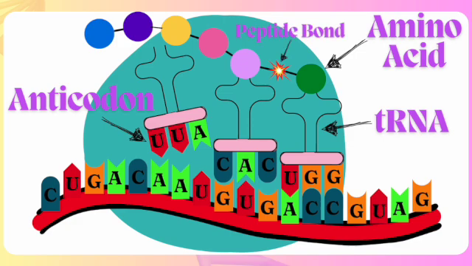When they link together with a peptide bond, they form your polypeptide, your protein chain. So the ribosome moves along the mRNA, reads each codon, and matches it with the tRNA carrying the correct amino acid. The ribosome links the amino acids together in a chain using peptide bonds. This chain will fold into a functional polypeptide chain, also known as a protein.